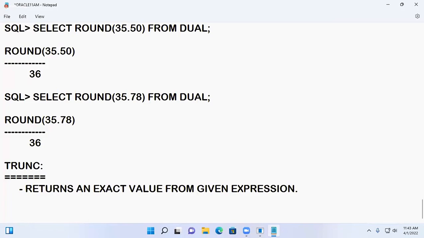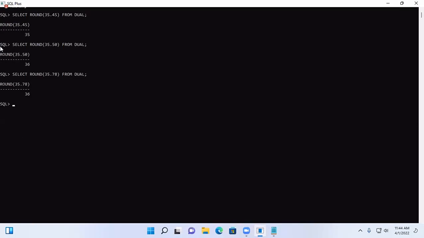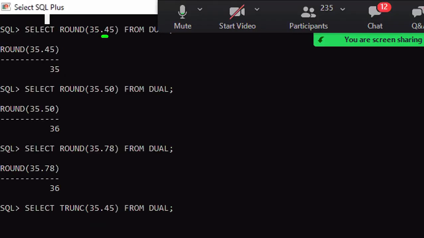It means what now? Here observe. So come to your trunk function. Now let me show both as a comparison, so you can observe. Trunk and round. Here I'm giving 35.45. What I said in the round function is that whatever value is after the point is considered.